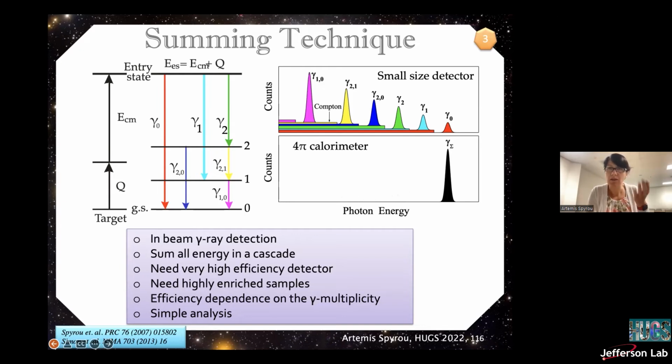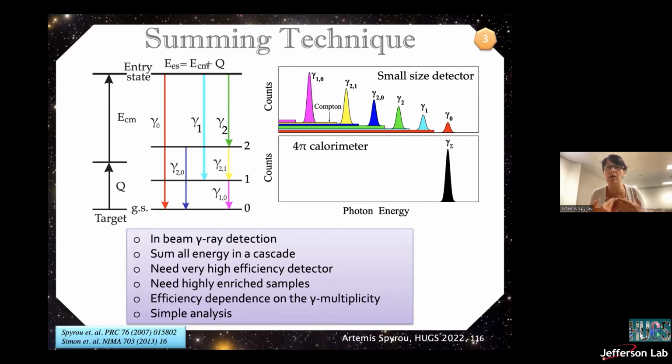But even in that case, it's not the end of the world, because you can calibrate your detector and say, okay, if I have gamma rays coming from this excitation energy and it's 3 gamma rays, then this is the efficiency of my detector to get a count in the sum peak versus have a tail that disappears. So if you calibrate your detector enough, again, you can get the cross section.